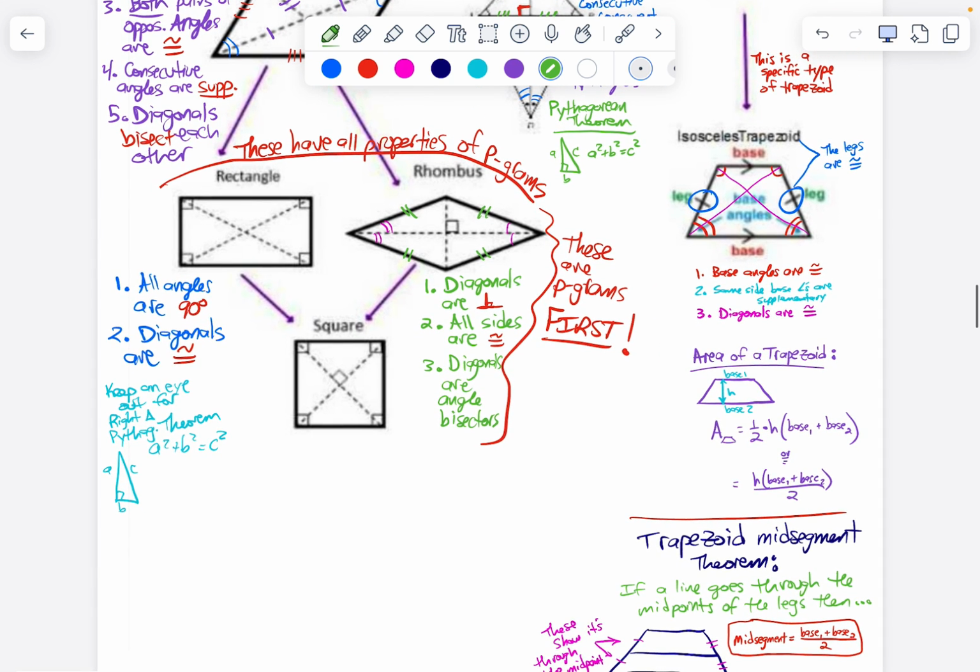Okay. Now you see these two arrows pointing to a square. What does that mean? Yeah. So squares, all of the above. Now let me clarify that.